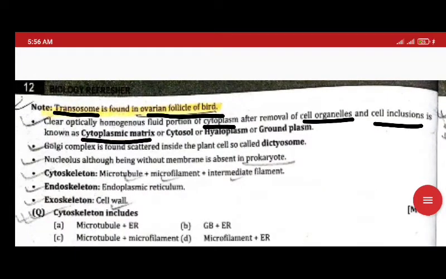Cytoplasmic matrix, cytosol, haloplasm or ground plasm.